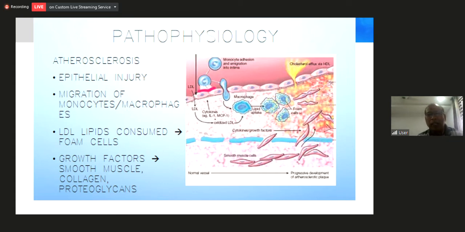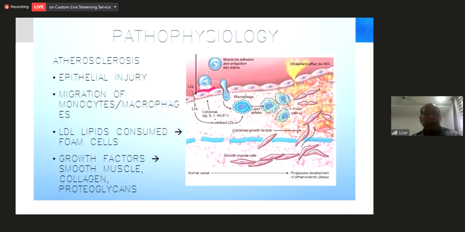For example, if you are diabetic, eat too much fat, or smoke, the cap that covers the atheroma becomes thin, which is prone to rupture. Okay, next slide.